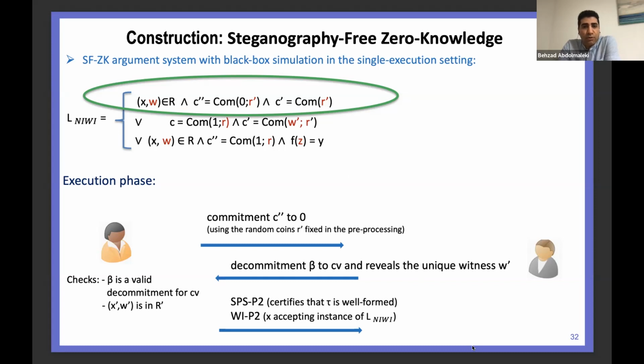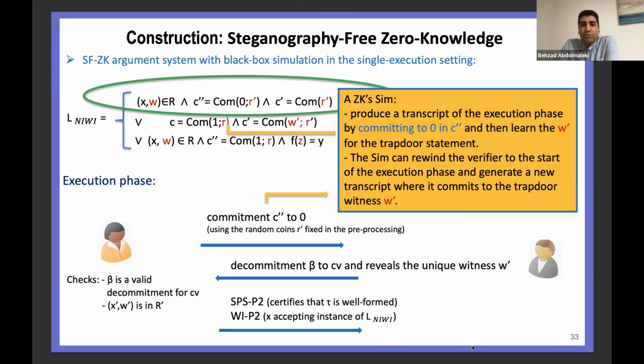protocol. Then, in order to simulate the protocol, instead of using the normal rewinding, the simulator first computes the commitment to message 0, and after getting the decommitment message from the verifier, which is beta and the witness W prime, it rewinds the verifier and starts again from the beginning.